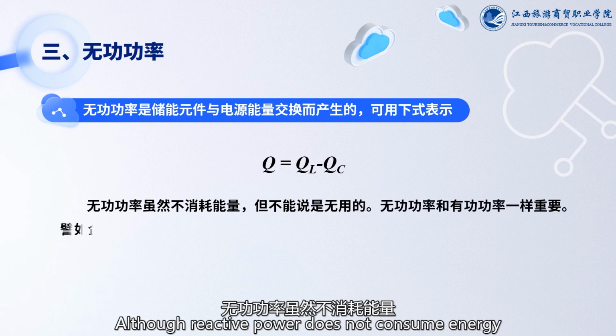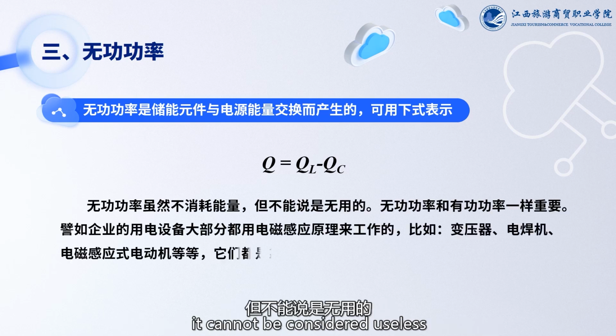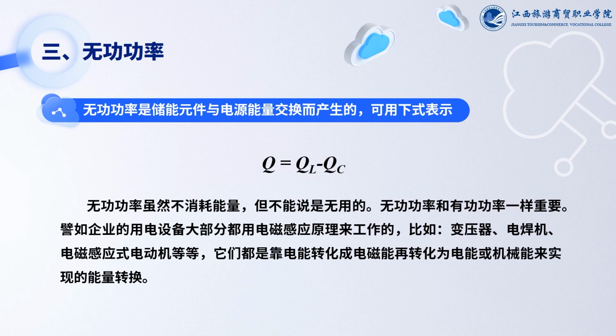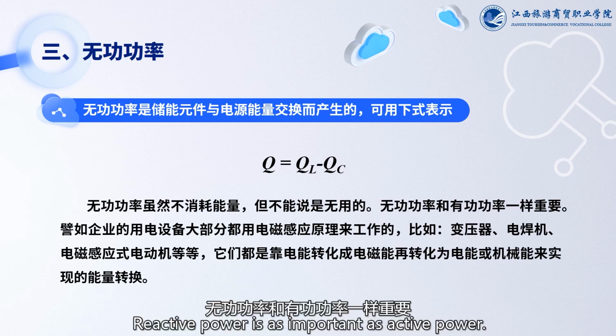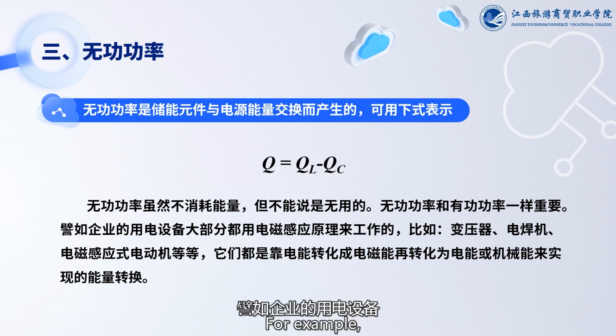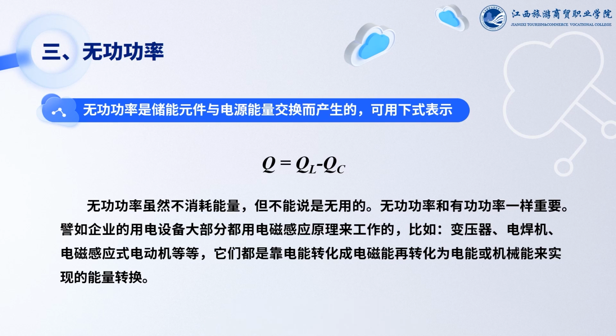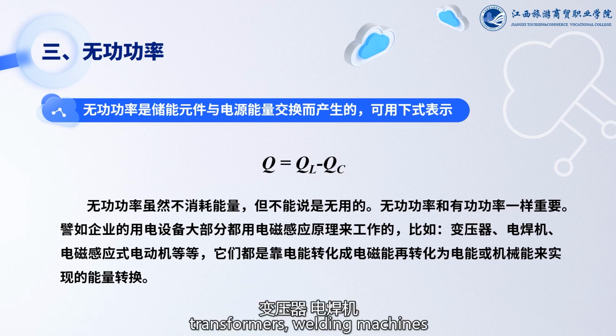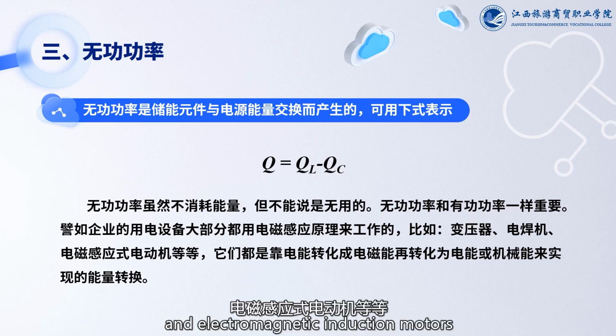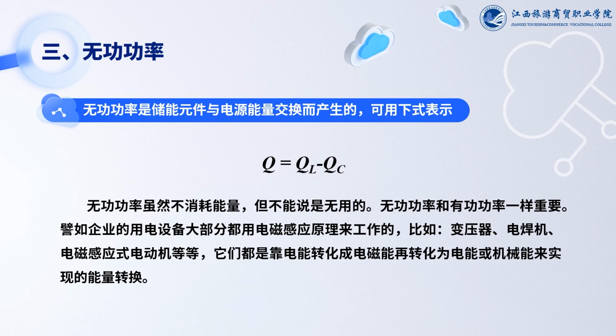Although reactive power does not consume energy, it cannot be considered useless. Reactive power is as important as active power. For example, the electrical equipment of enterprises mostly operates based on the principle of electromagnetic induction, such as transformers, welding machines, and electromagnetic induction motors.